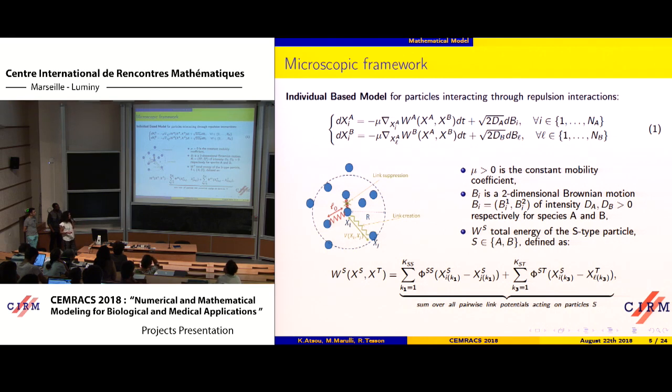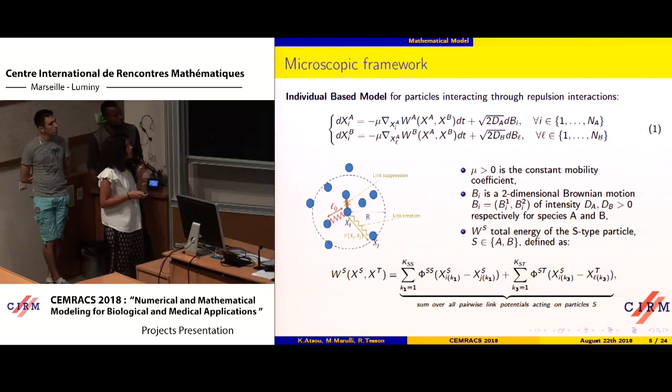I will now explain what I mean by this potential. Here we have the total energy of the S-type particle, in this case particle A and particle B, and that contains the potential, so we have the sum over all pairwise link potentials that act on our family of particles.